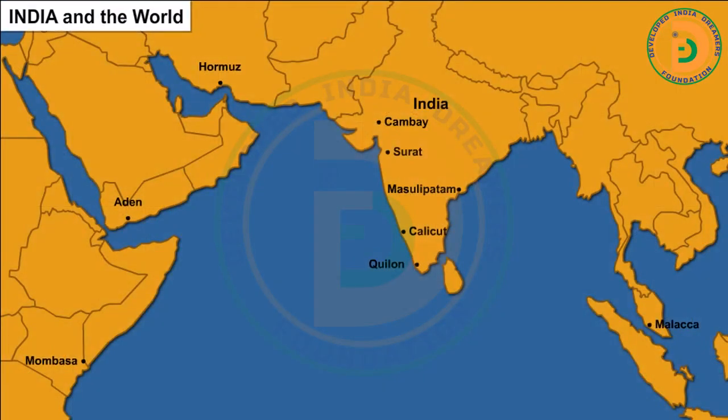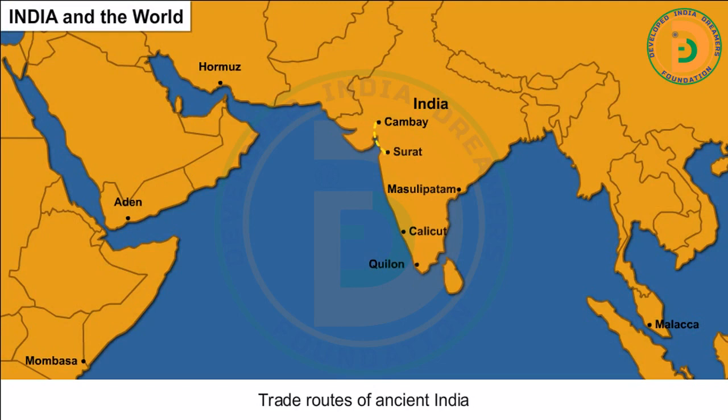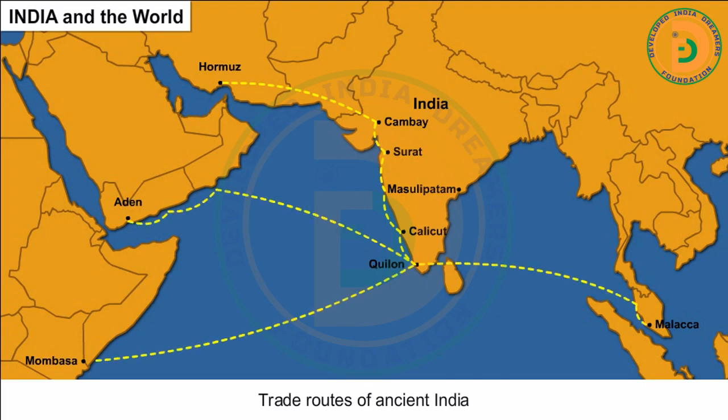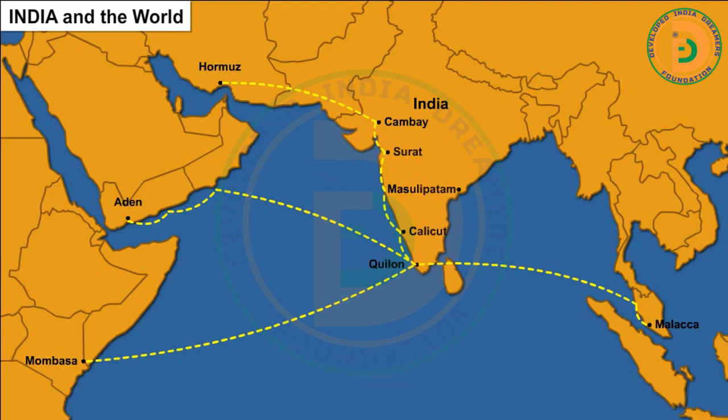India and the world. India is centrally located in the south of Asia. The Indian landmass tapers into the Indian Ocean. Thus, all trans-Indian Ocean routes connecting European nations with East Asian countries passed by India.